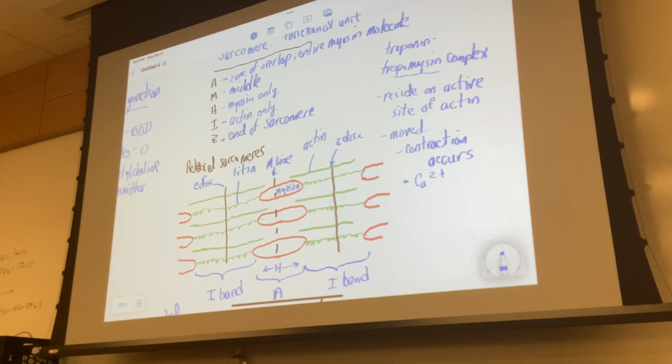When calcium comes to reside there, the calcium moves the troponin tropomyosin off the active site of actin, and when it's moved off that active site of actin and ATP is present, then you have a muscle contraction. Okay, so. Are there any questions about this?